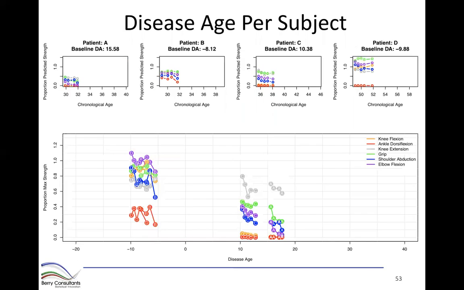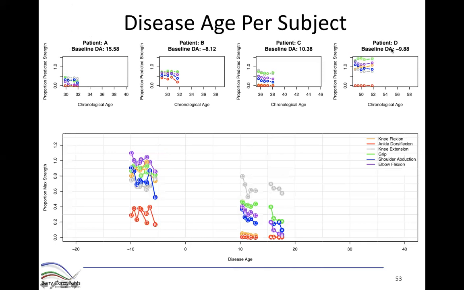So essentially, we're using this joint model to take these short snapshots of the disease that are provided by each subject in the natural history data set, and put those pieces of the puzzle together to understand the entire course of the disease. So for instance, patient A here is maybe estimated to have a baseline disease age of 15. So let's put them over here in our puzzle.